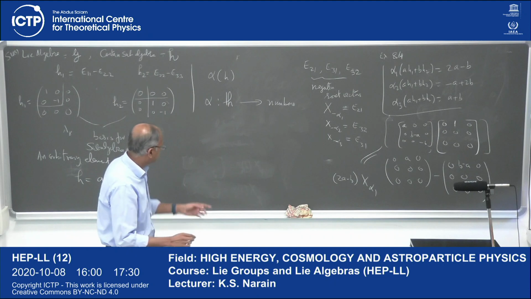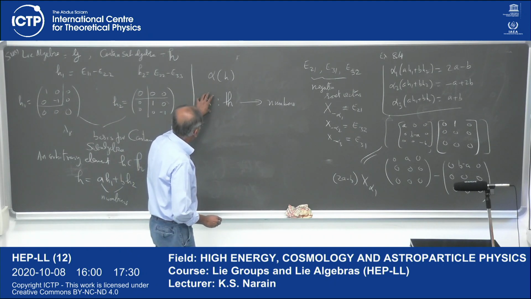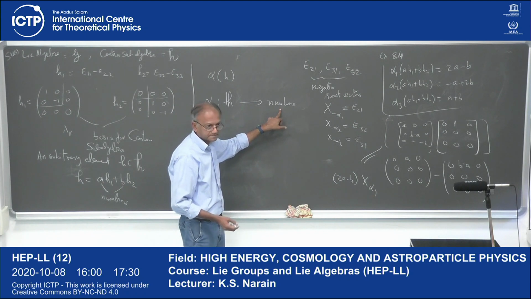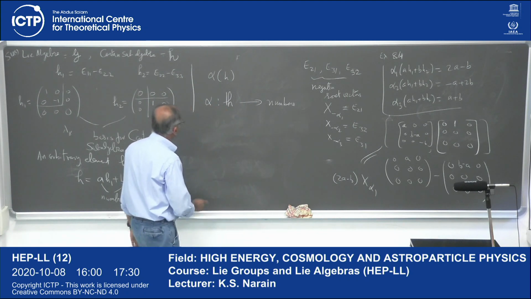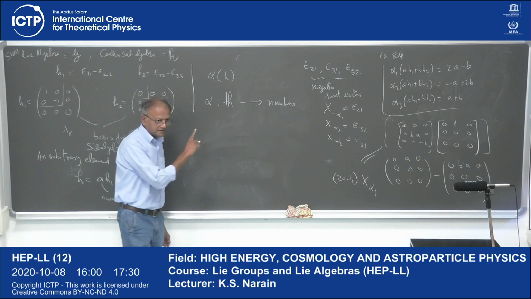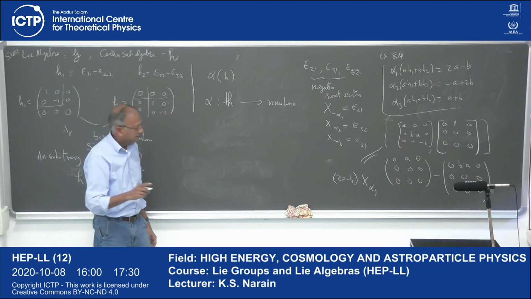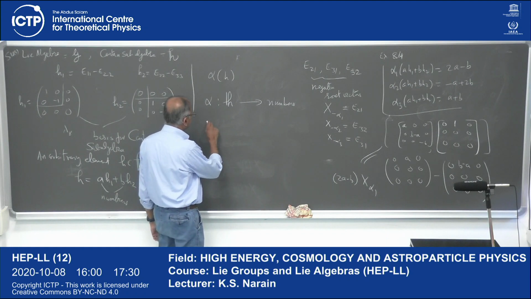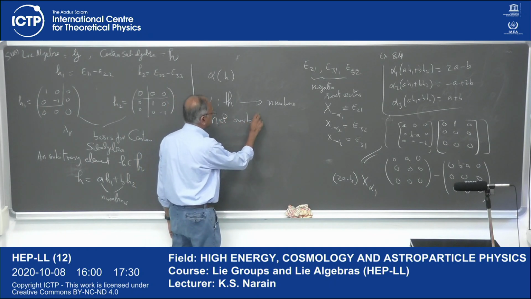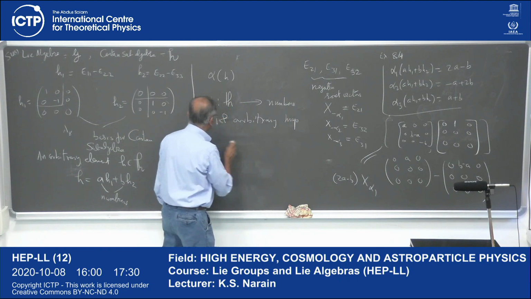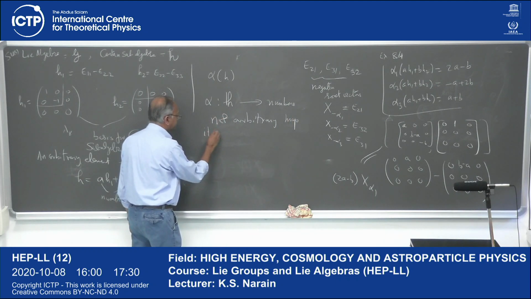So this alpha is a map from the Cartan subalgebra to numbers. But this is not an arbitrary map. It's a linear map.